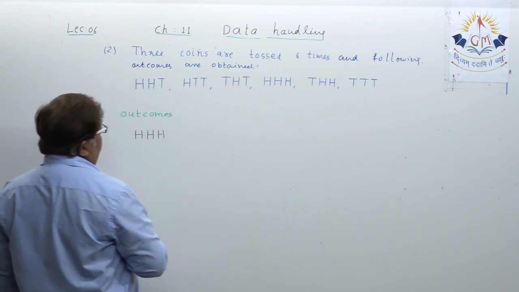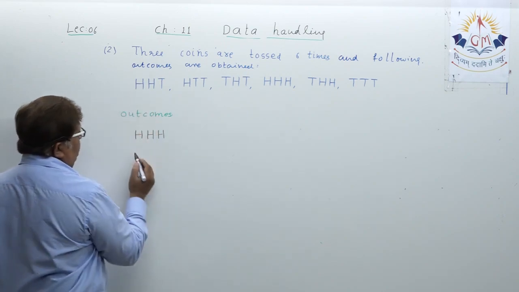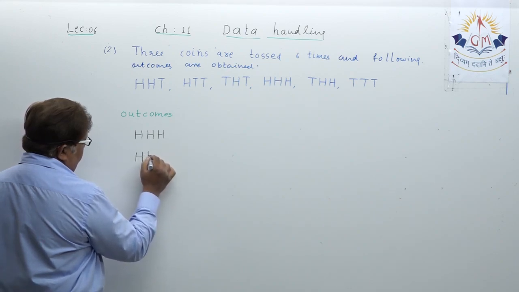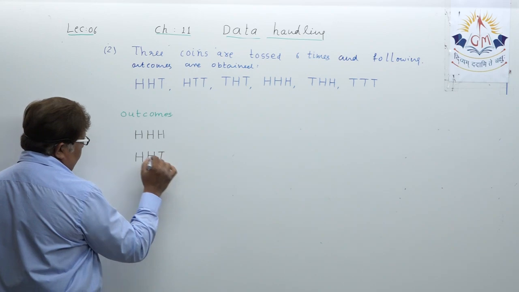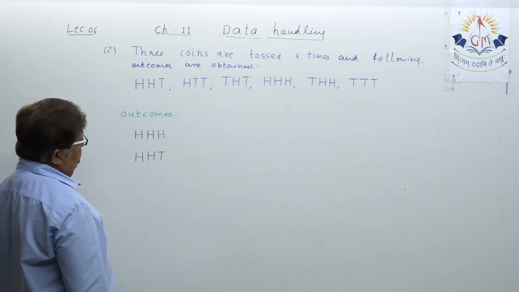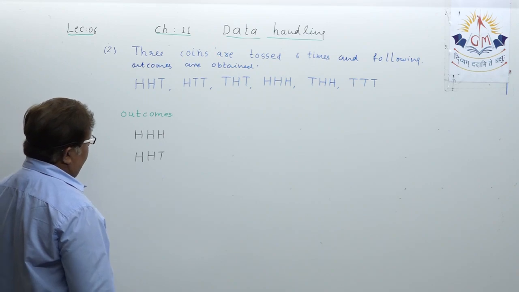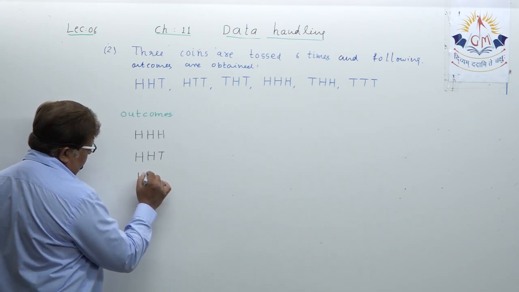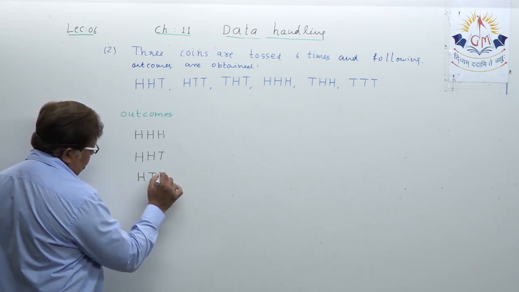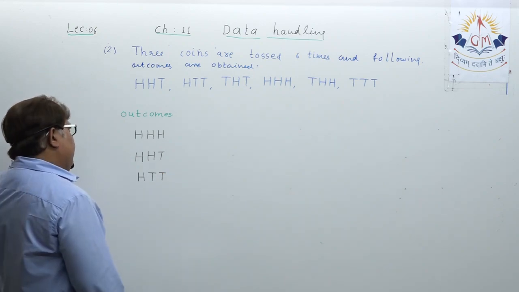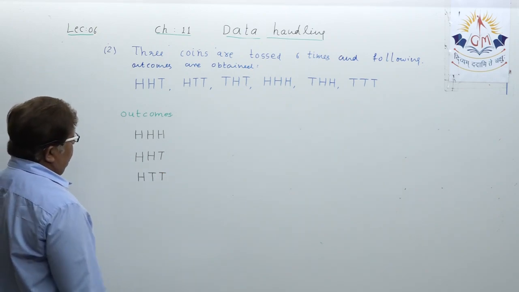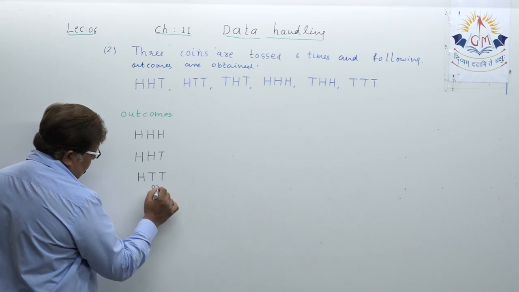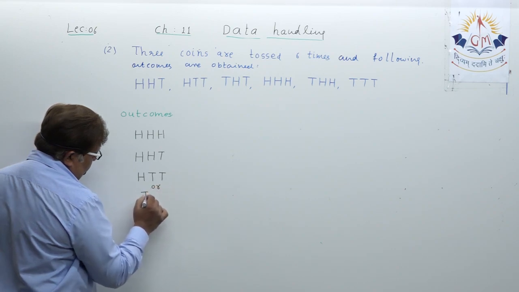Somewhere you are getting HHT also. Just look at the observations given here. HHH, HHT, somewhere H, T, T. Just look at the given observations. HTT or THT.